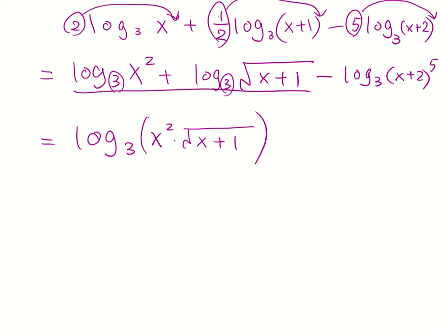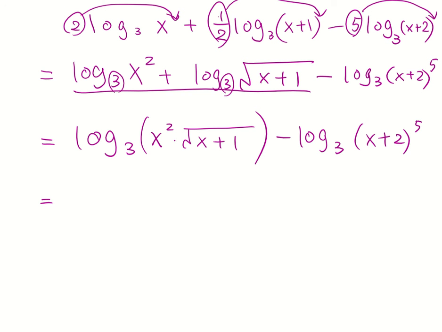That's the new argument, minus log with base 3 of x plus 2 to the 5th. Okay, now we have two logs, right? The difference of two logs, actually.